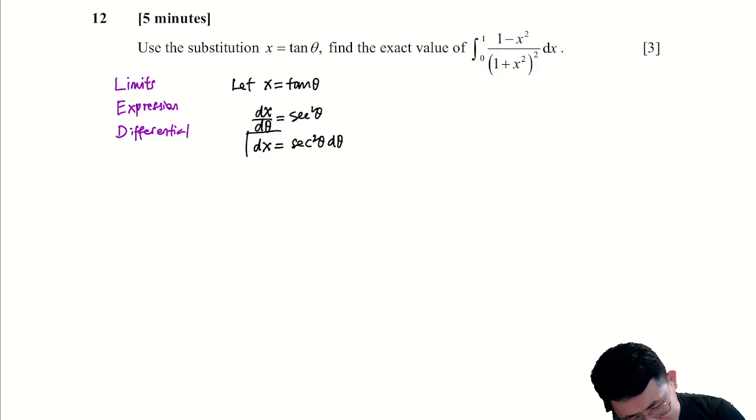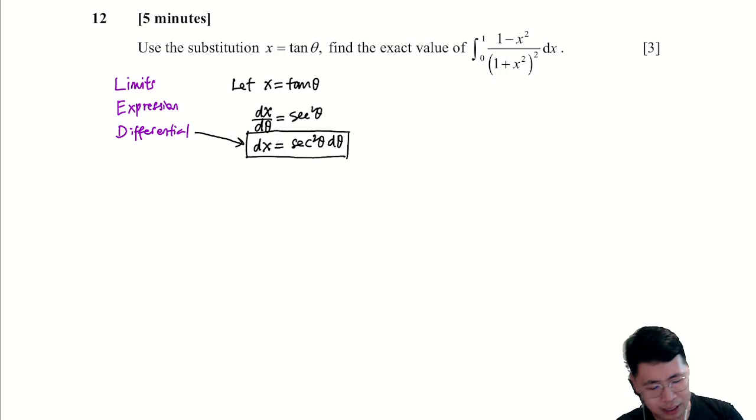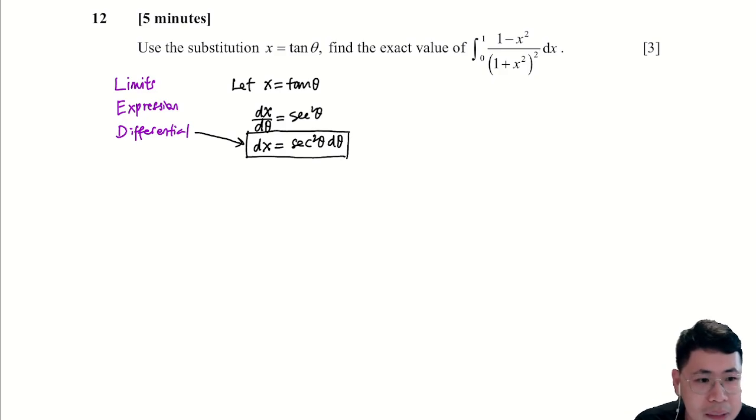This is the differential that I'm going to replace, and the expression will be from here, x equals tangent theta. Then what about the limits? The limits, at 0 and at 1, we will need to try to replace.